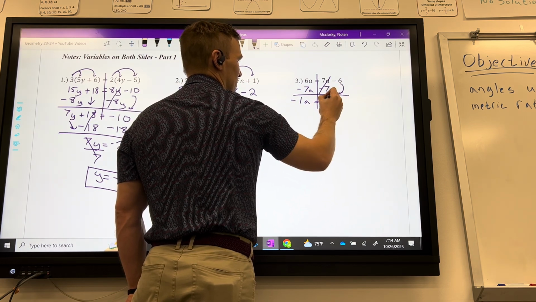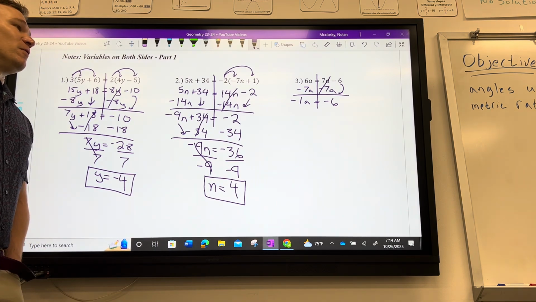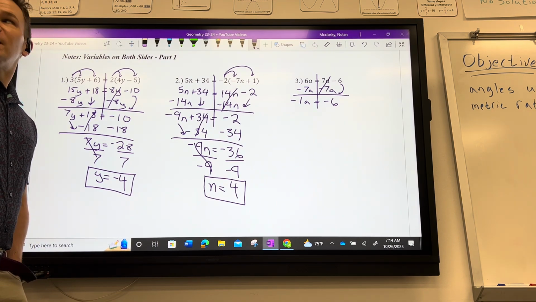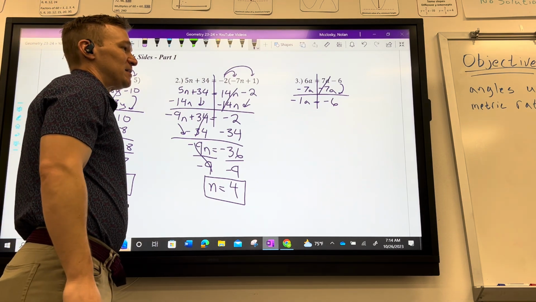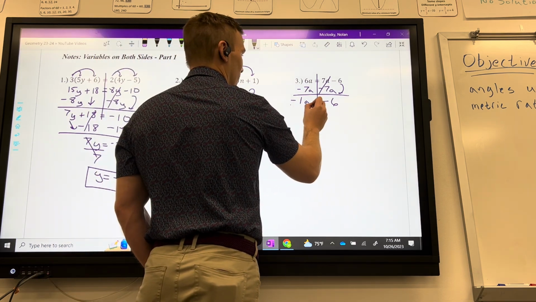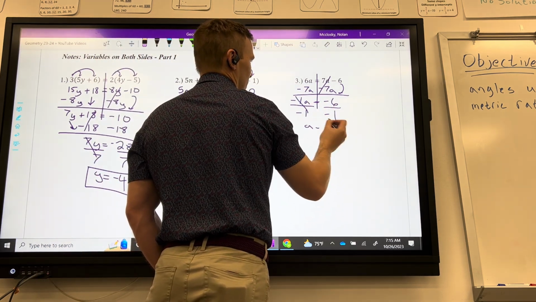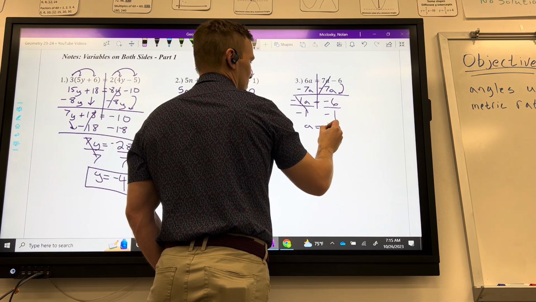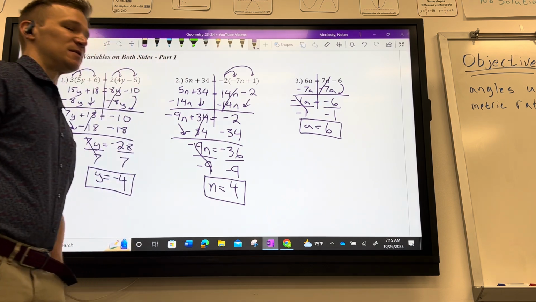The negative 6 drops. So we have negative 1a is equal to negative 6. There's nothing to add or subtract, so we skip that step as well. But we do need to divide by negative 1, so we divide both sides by negative 1. Negative 6 divided by negative 1 is positive 6, so a is equal to positive 6.